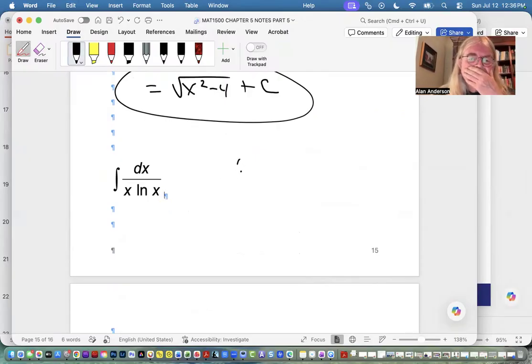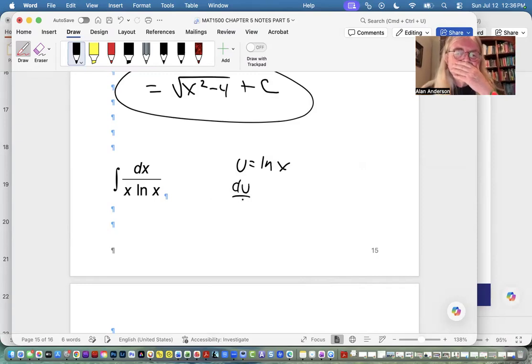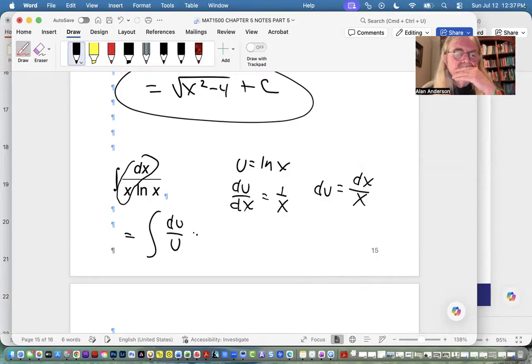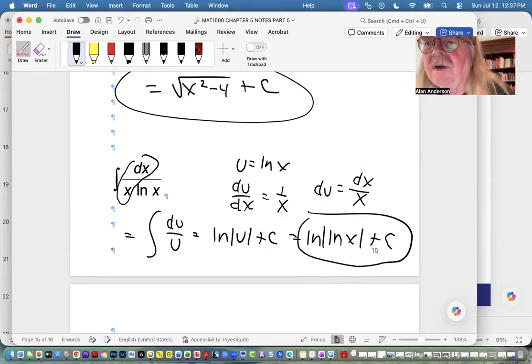So I think that would be here. Yeah, that looks really bizarre. It's the log of the log x plus c, but that's the right answer. Oh my God.